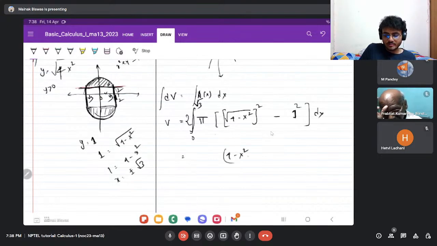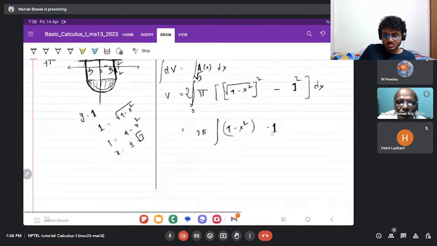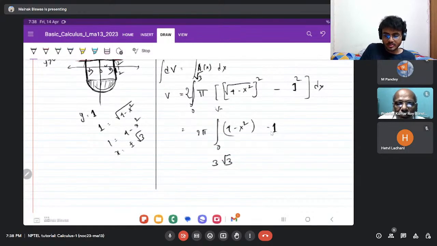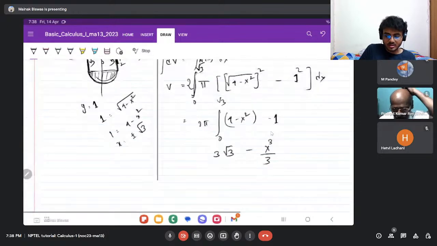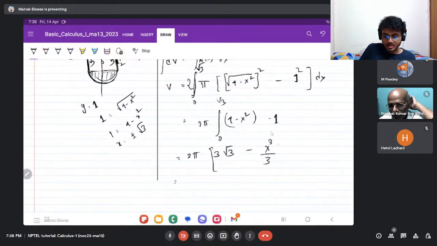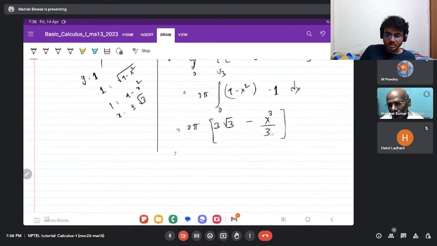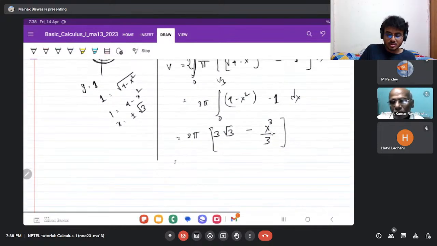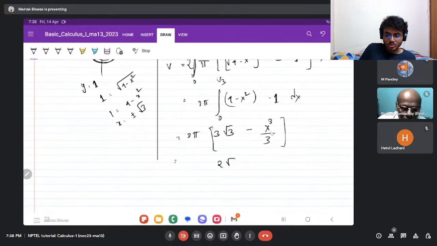So x square 2 pi minus 1, so 3 root 3, 0 to root 3, minus x cube by 3, 2 pi, which is, your root 3 will get cancelled, so root 3, 2 root 3 into 2 pi. This is 4 pi root 3. Agreed?